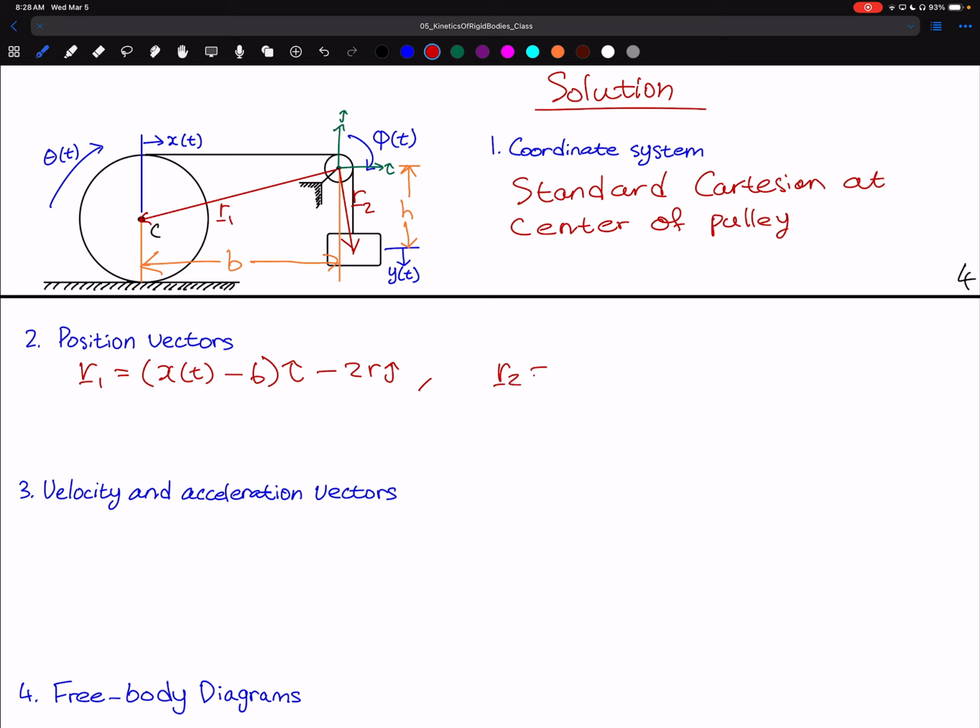R2 here is going to be equal to, we're going to move over r in the i direction, minus h plus y in the j direction. And then here, since we're rolling without slip, x is equal to 3r theta.